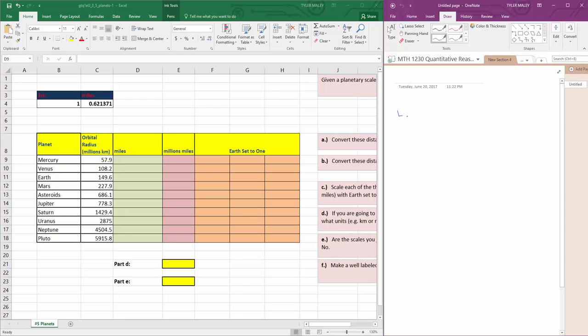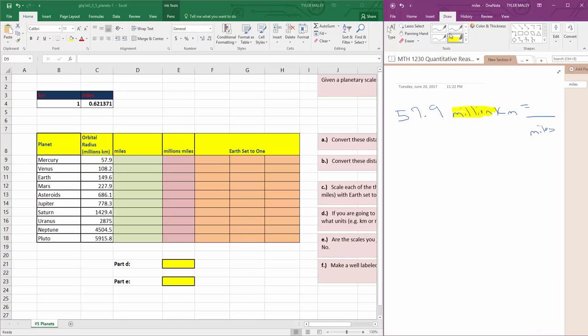So if I have 57.9 million kilometers, and I want to fill in the blank number of miles, I know a conversion fact between miles and kilometers. At first, let's just ignore the million part for a moment.